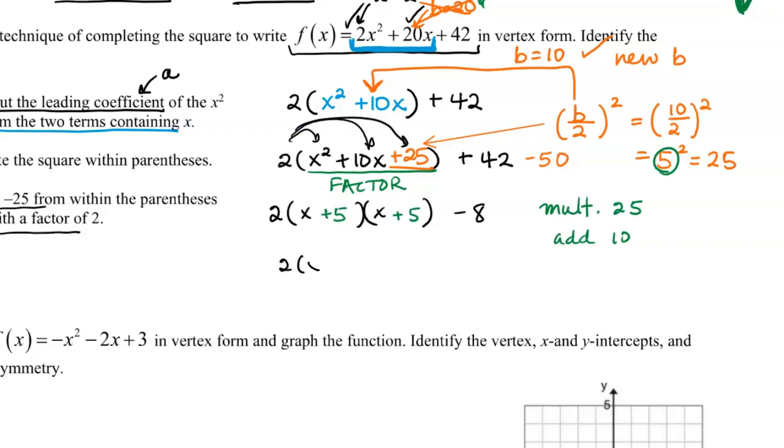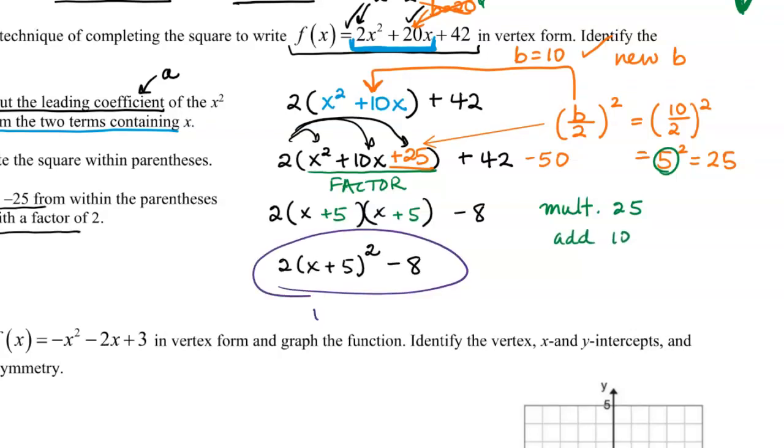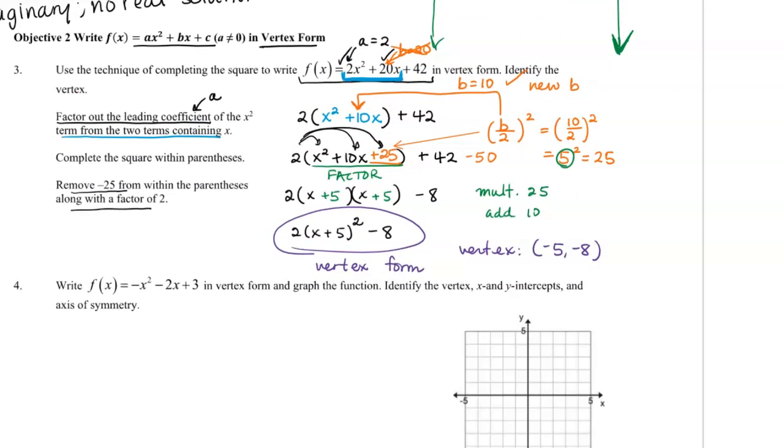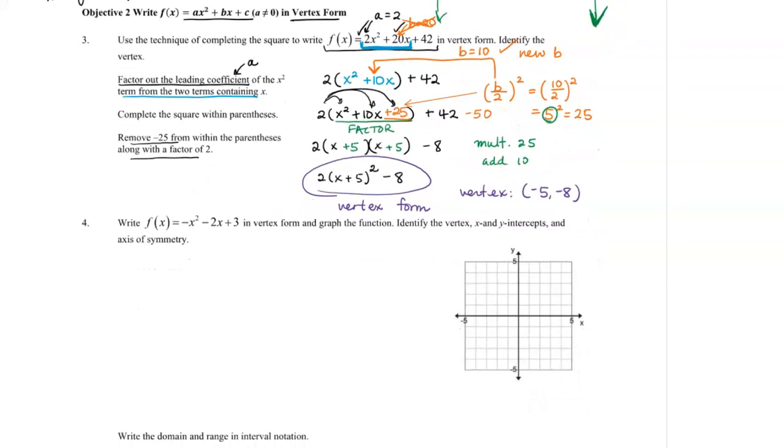Because when it's the same number, it allows you to write it as 2 times (x plus 5) squared minus 8, which is exactly what we want because now we can see that this is vertex form. We can see that this graph went left 5 and down 8, so the vertex is the point (-5, -8).